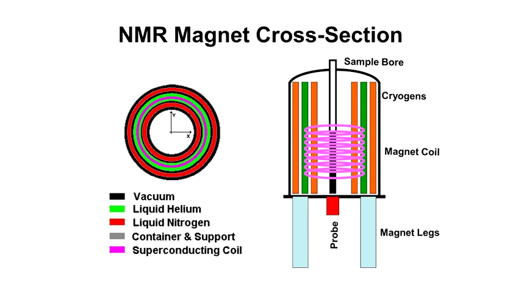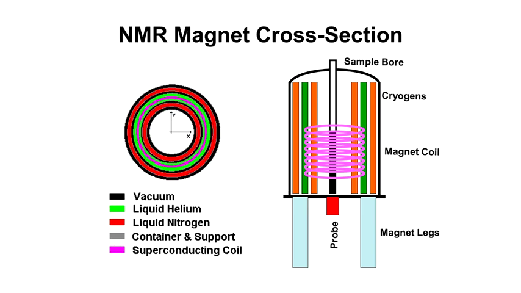So that's that overhead view on your left, and then on the right is, again, sort of a side view, a cutaway view. Now, in the center of the magnet is a bore, a hole. These are hollow magnets, or ring magnets if you want, with a coil wrapped around them. And under that hole, you will insert a probe, and the probe consists of a lot of the electronics that allow you to both send and receive radio signals or radio frequency signals.